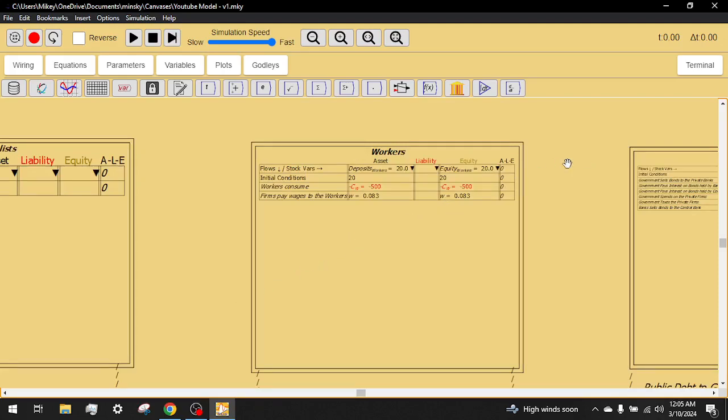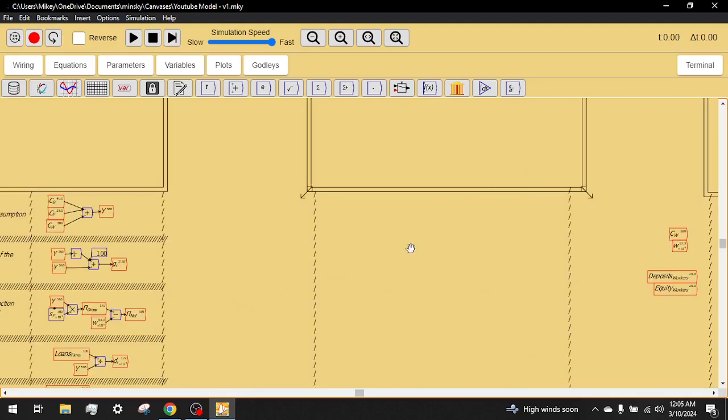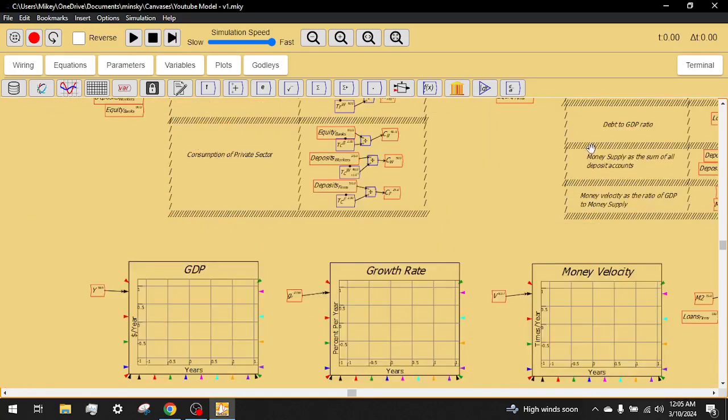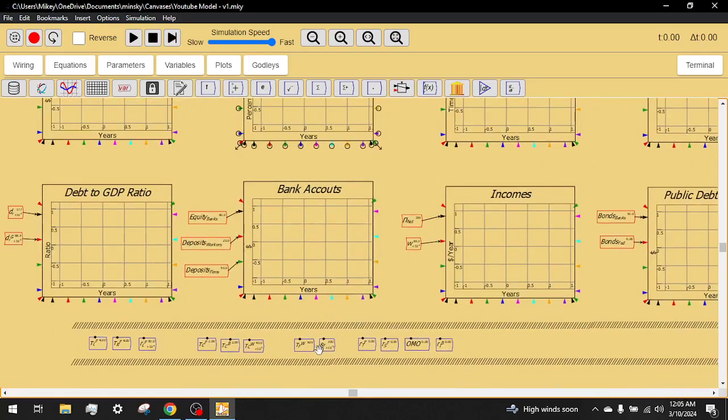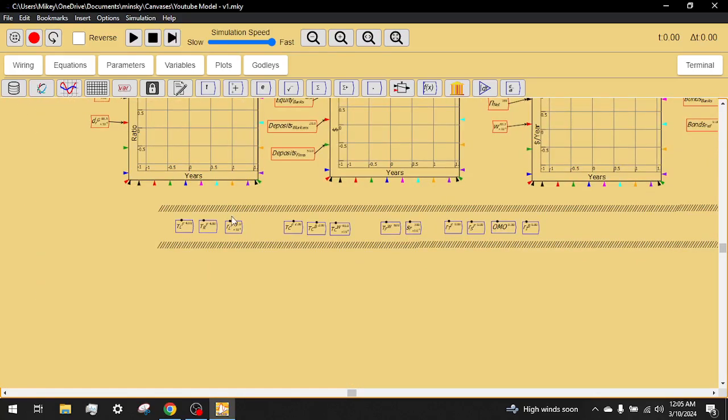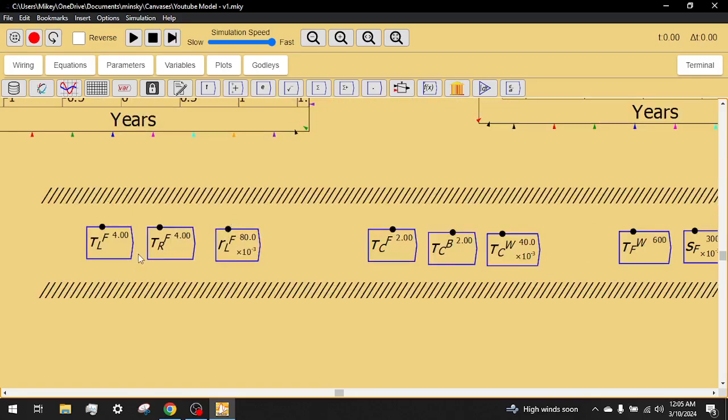All right, so we'll come down here back to our charts. And the first thing that I'm going to do is note what the current settings are. The rate of lending in the private sector is taking place at the same rate as repayments of the private sector, so there's going to be no net money creation through debt creation in the private sector.